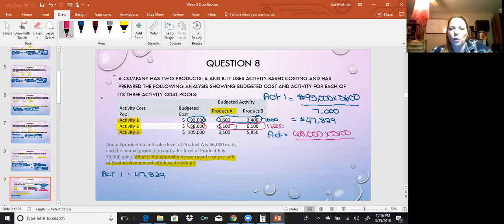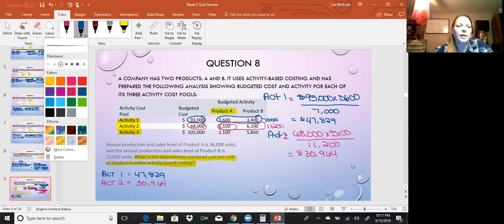So this is the portion of A out of 11,200. And that ends up equaling $30,964 for activity 2.